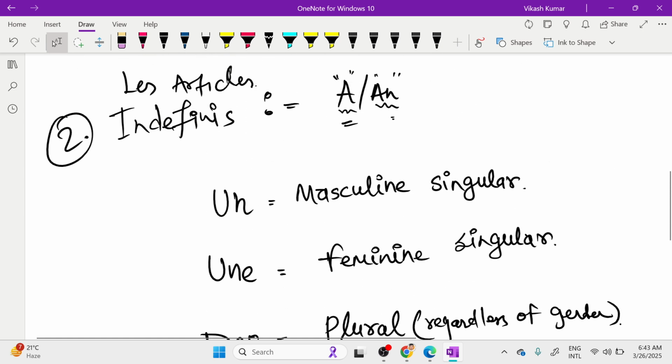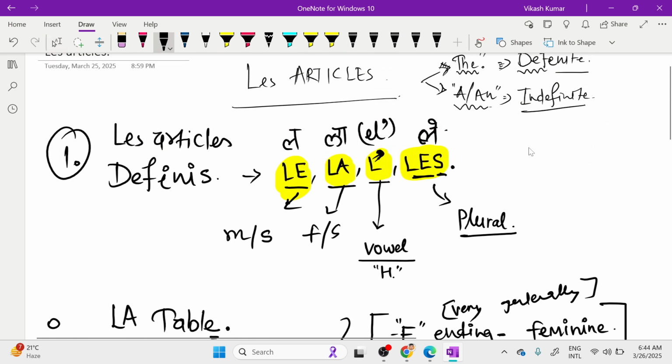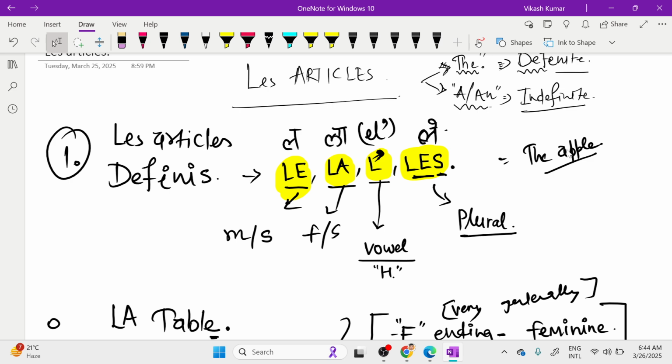Indefinite articles are used for general purposes, very generic things. For example, if I say an apple, it can be any apple in this world or anywhere. And when I say the apple, it's a specific apple that we both know, or that the person talking knows, maybe the apple they have recently purchased.